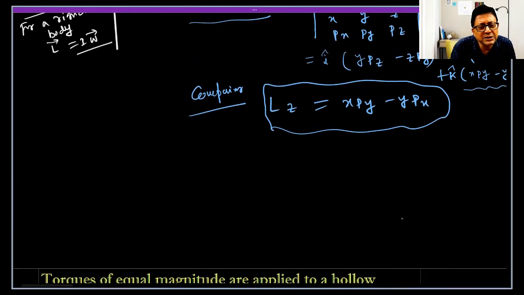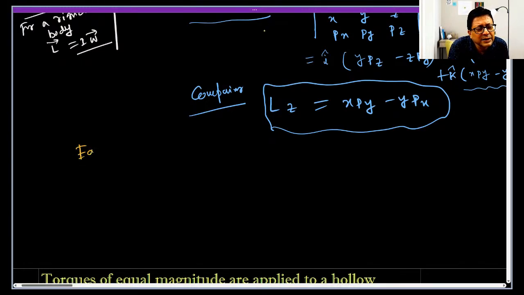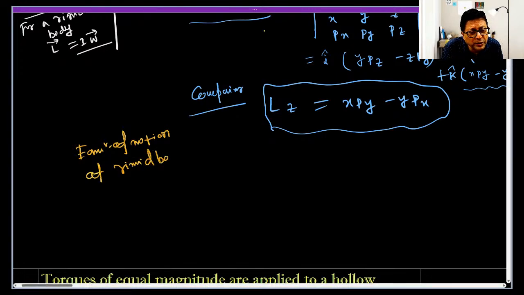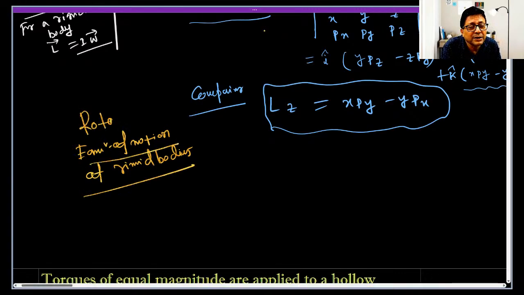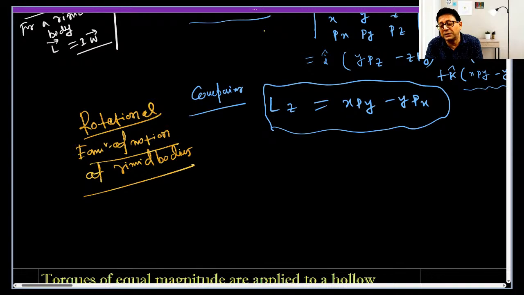But based on the concepts we have done so far, we haven't done the equation of motion of rigid bodies. Better to say, the rotational equation of motion of rigid bodies.